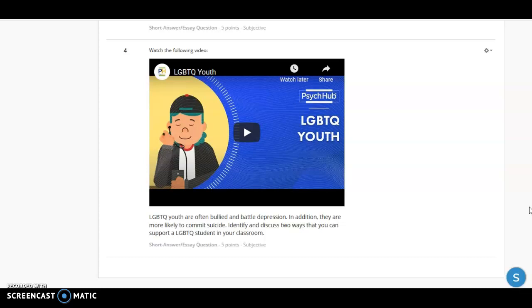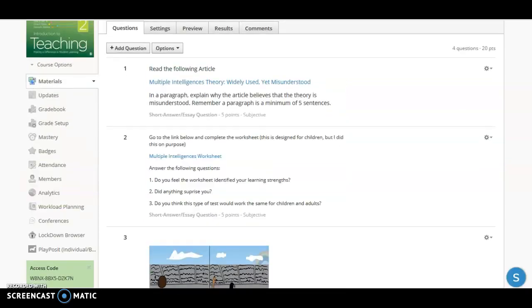So I want you to think about and identify 2 ways that you can support an LGBTQ plus student in your classroom. It doesn't have to be a huge way, it can be simple things that you would do for all students, but especially focusing on the fact that these students may need an extra piece there for them because they are more likely to have some of those issues develop.